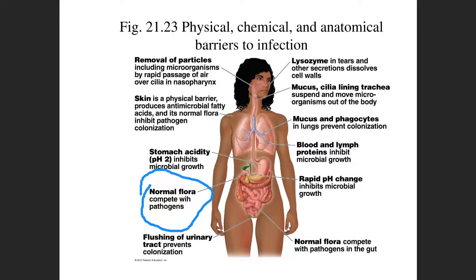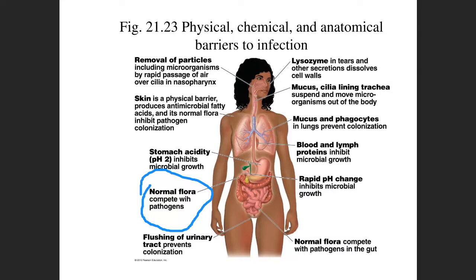And then there are other features that we have, like lysozyme in the tears. It is very important that you have a high concentration of lysozyme to prevent bacteria like E. coli or other parts of the body from getting to your eye, right?